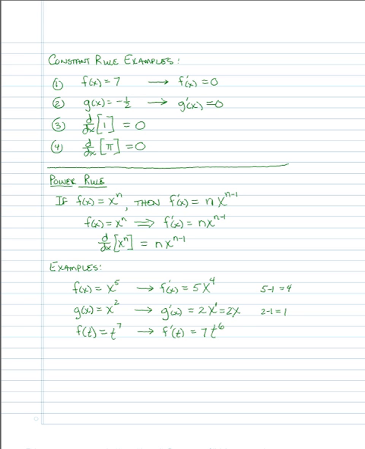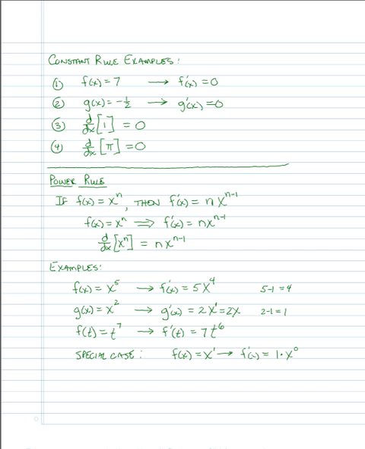Now, here's a special case, a special situation, and that is when the function is just x itself. That is, for instance, f of x is just x. Well, in this case, here's what would happen. For f prime of x, what we have to remember is that the exponent that we see on this x is really a 1. And so when we bring that 1 down, then the exponent that we would have on x would be 0, 1 minus 1.